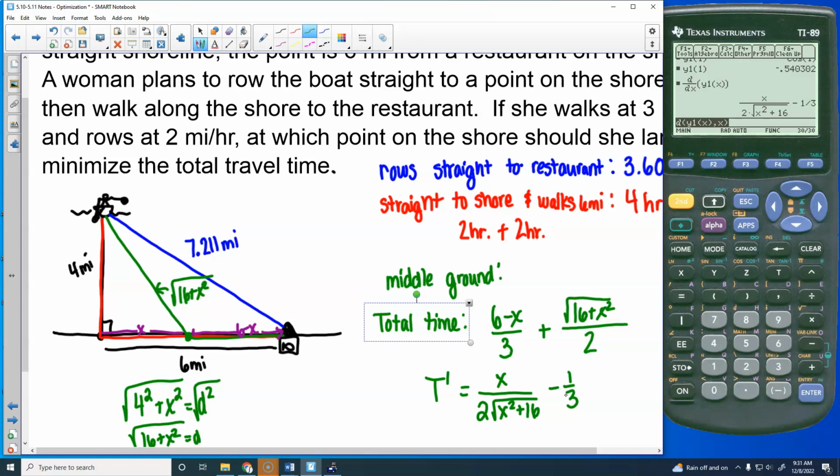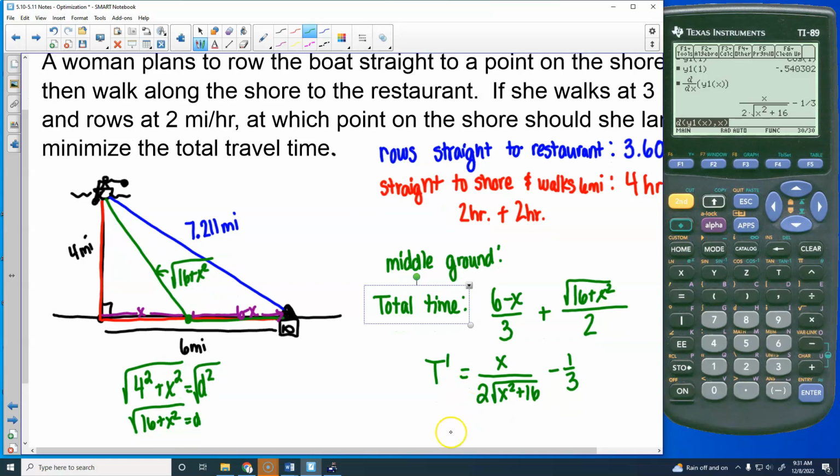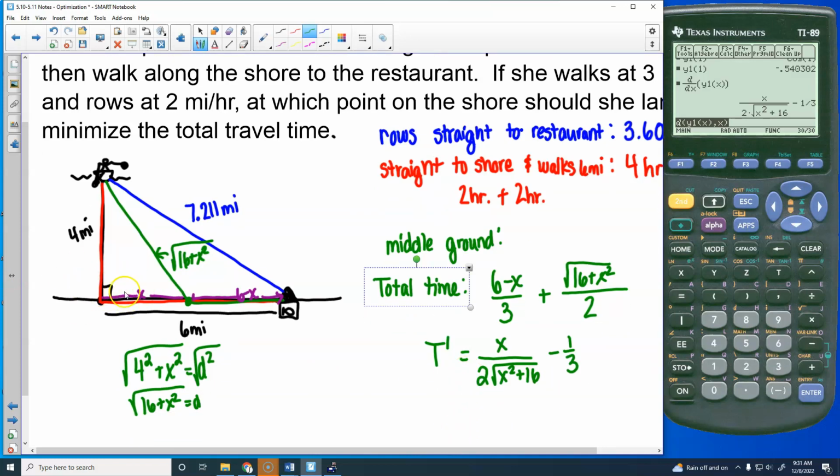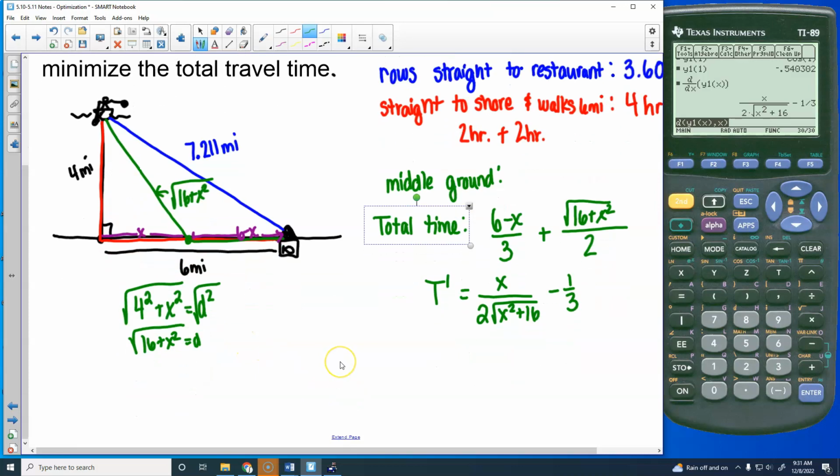The derivative is going to tell us where this function is increasing and decreasing, which is going to tell us where maximum or minimum is at. And that'll tell us the point there. That'll tell us our value of x, so how far in here. So when we find the derivative, we want critical points. So we're going to set that equal to 0.